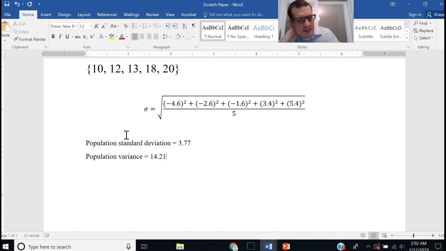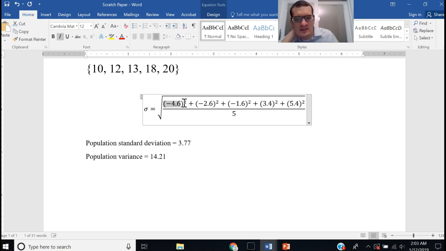Now, this kind of illustrates the need for these squarings. What they're going to do is make these negative numbers positive. Obviously, negative 4.6 means 10 was 4.6 to the left of the average, 14.6.